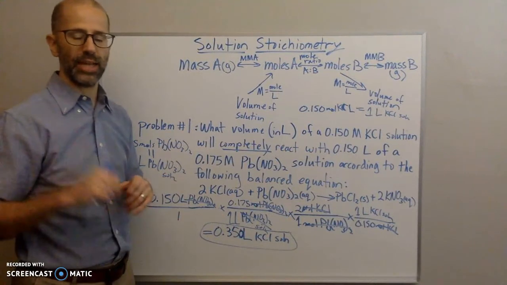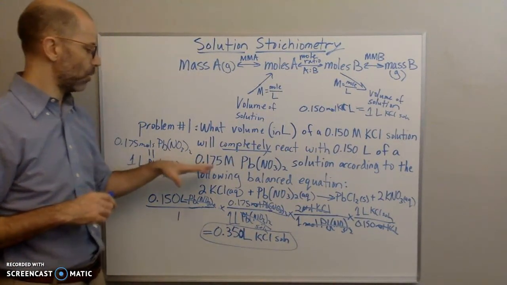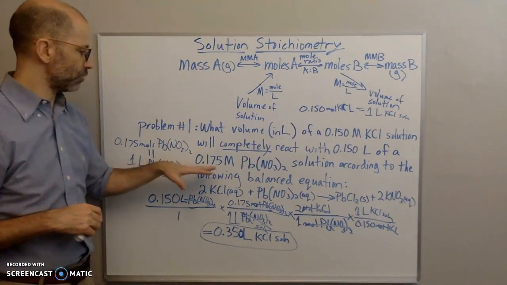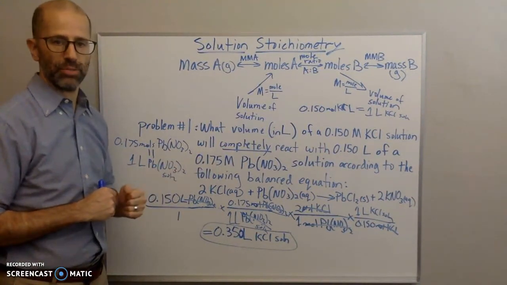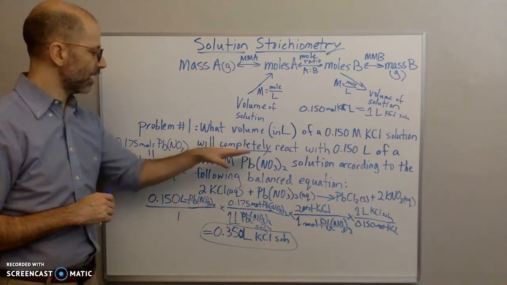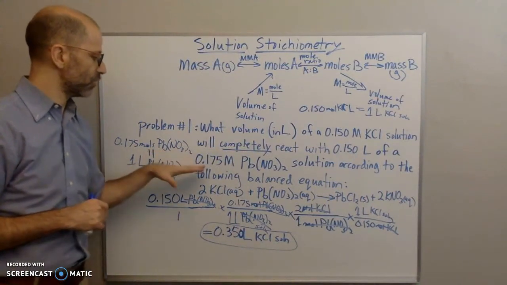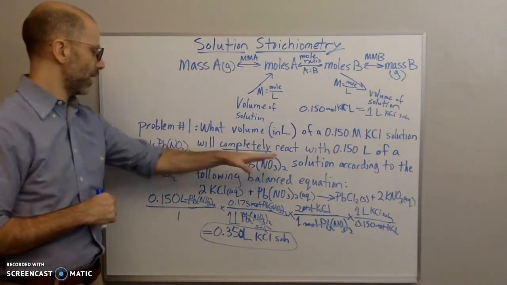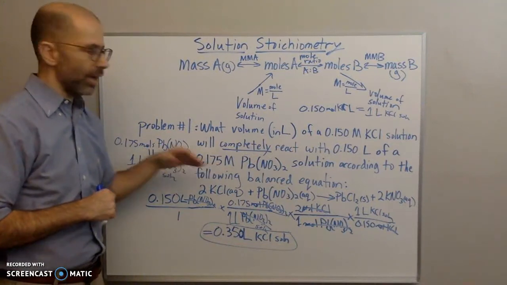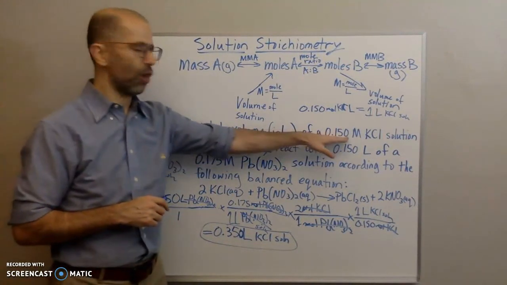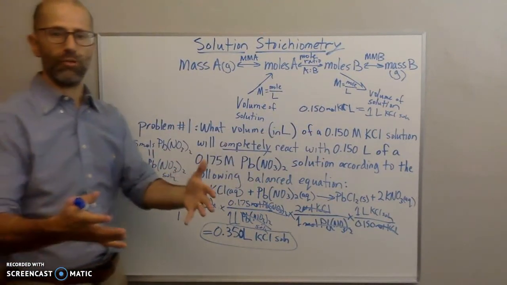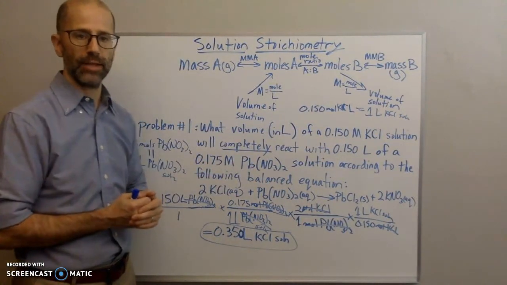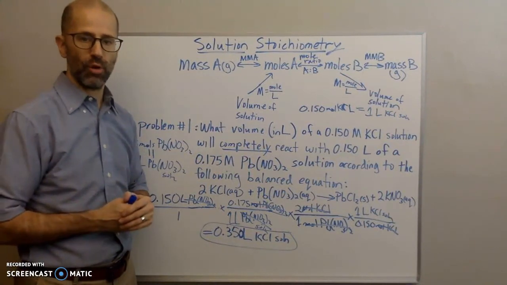Now, however, I'll say this right now, before finishing up the video. This could have been a limiting reagent problem, right? So they didn't have to use the word completely. They could have just given me a volume and a molarity, and then they could have given me a volume and molarity for my second reactant and said, here are the volume and molarities of the 2 reactants, how much product is formed.